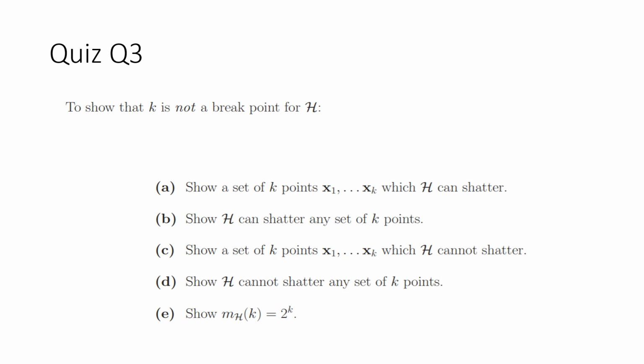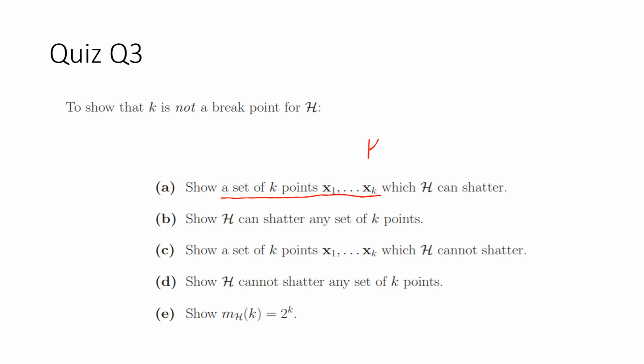Even before looking at the options, if you think about the breakpoint, to show that K is not a breakpoint for H, we have the liberty to pick a set of K points, right? So if we can show that a set of K points, x1 up to xk, can actually be shattered by H, right?